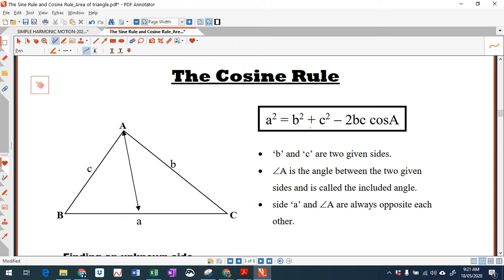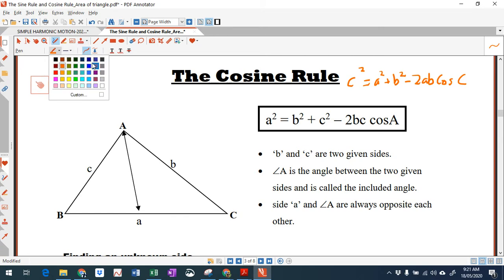Now, don't get hung up on the labels here, A, B, and C. They could be any labels. They could be X, Y, and Z. You could even put C as your first letter. C squared equals A squared plus B squared minus 2AB cos C. Now, whichever formula you're going to be using, or whichever letters, you just have to remember that the side C, which is this one here, and angle C, which is this one here, are always opposite each other.